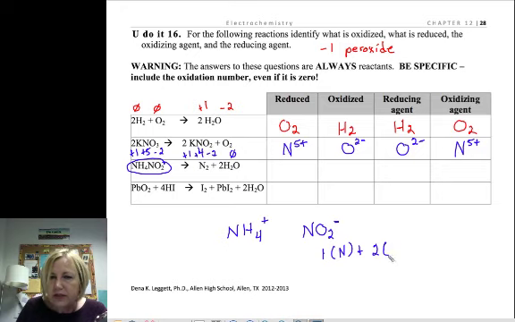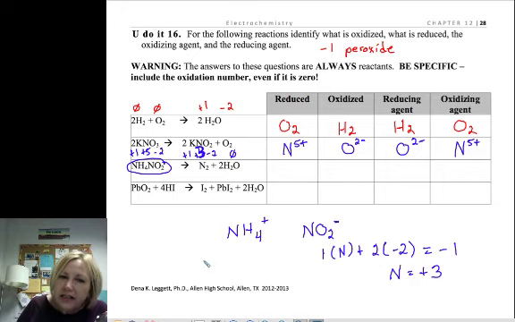So 2 oxygens are -2, and I have a leftover of a -1 charge. Okay, you know what, I messed this up. That's a +3. I just caught that. That's a +3 back there. So that makes this nitrogen equal to a +3.